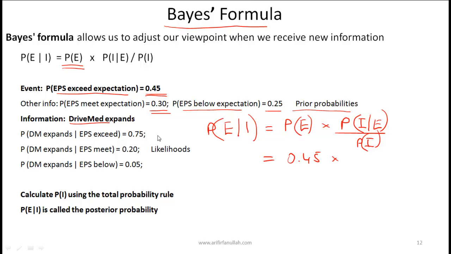So let's say that you had evaluated some more likelihoods here, and based on your research, you concluded that the probability that DriveMed expands, so this is the information, given that EPS will exceed expectations is 0.75.